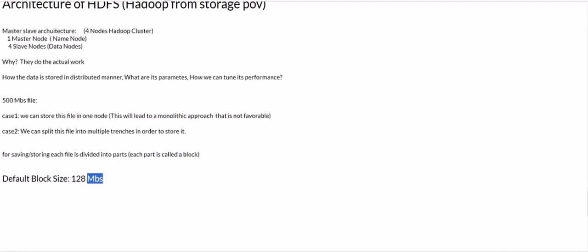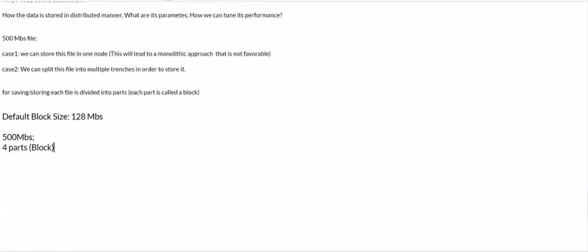So we had a 500 MB file. We split this into 4 parts, and now you know each part is called a block. So how would this 500 MB file look? Block 1 would be 128 MBs. Block 2 would be 128 MBs. Block 3 would be 128 MBs.